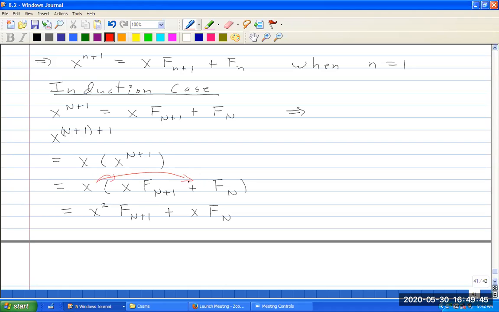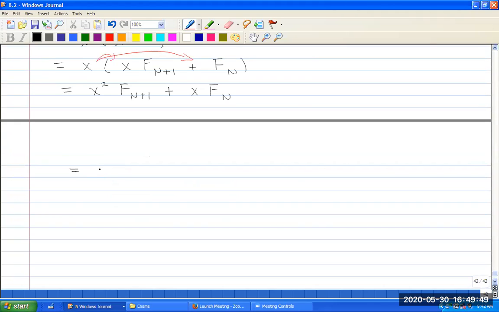But x squared, x times x, is just equal to x plus 1.